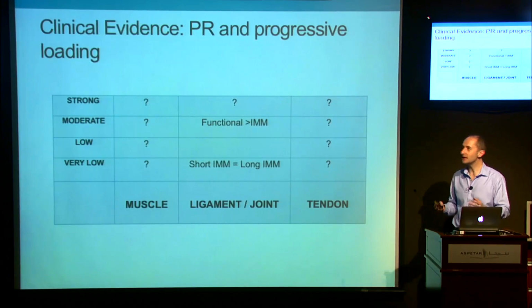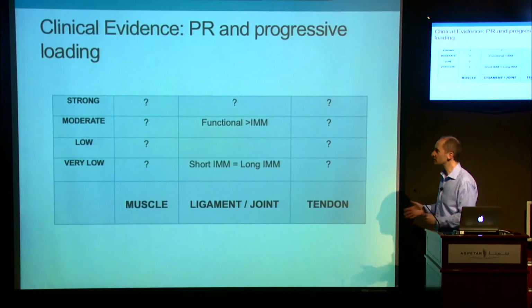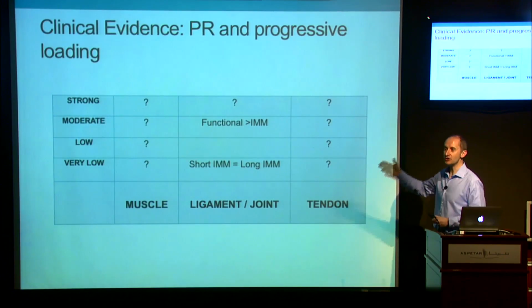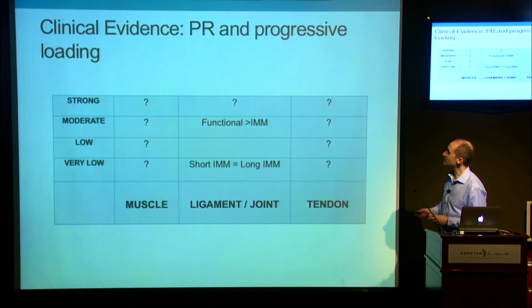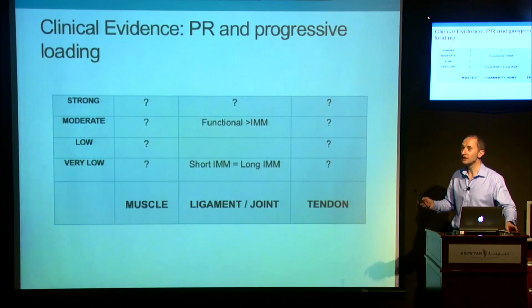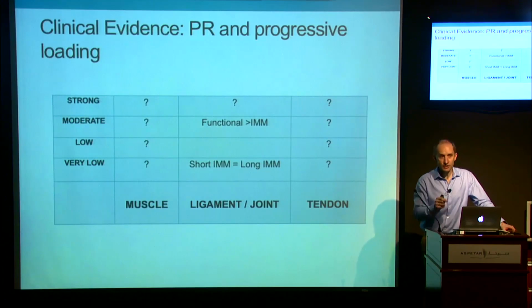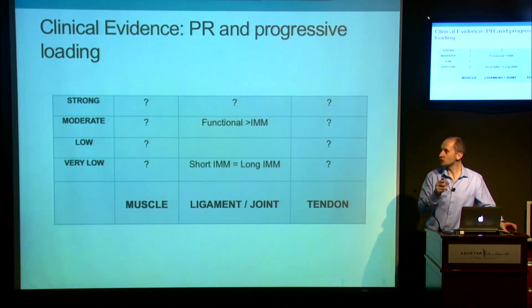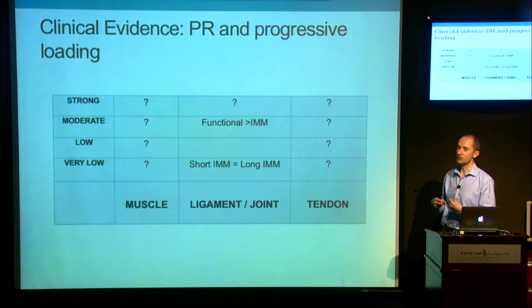So when we look at the clinical evidence, at good quality randomized controlled trials and clinical studies across different tissue types in injured populations, what we see is actually not fantastic. There are not good clinical studies for muscle and tendon in injured populations that give us strong evidence of whether we have the right balance in PRL, which is about protection, rest and loading.